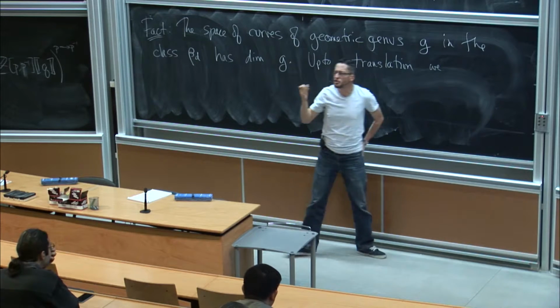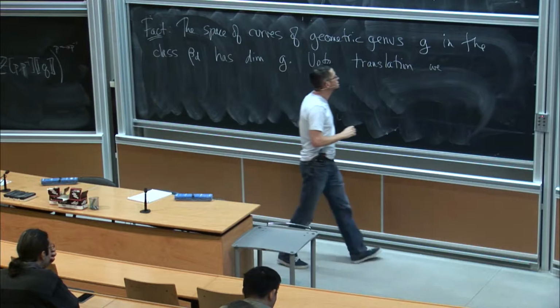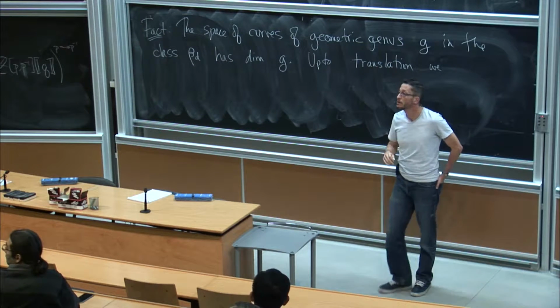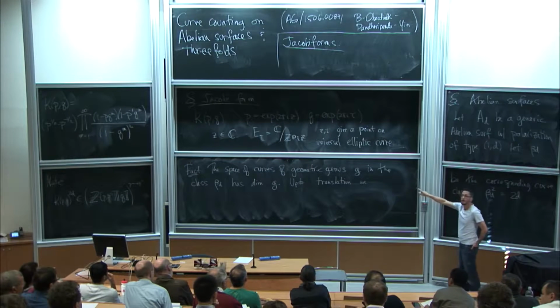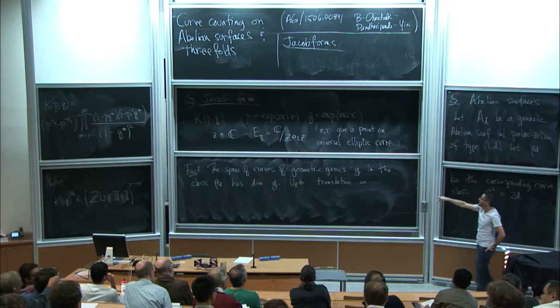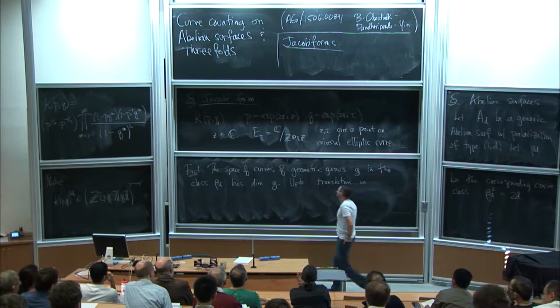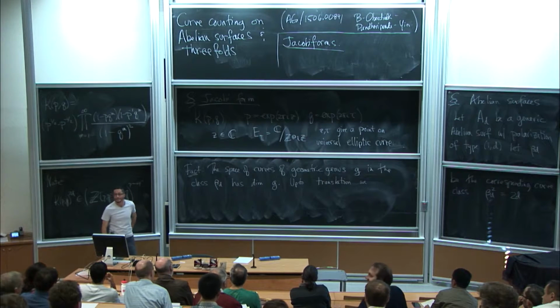And since it has dimension G minus 2, if we want to count something, we need to impose G minus 2 constraints. It's empty for small G. Yeah, so it's a generic abelian surface. Yeah, so the empty set has every dimension, including -1.